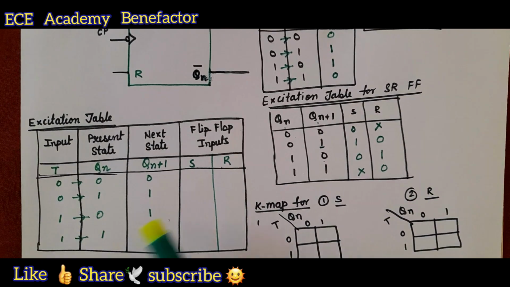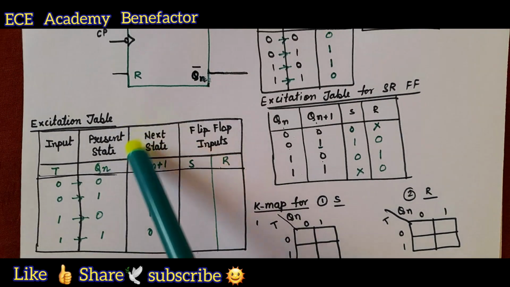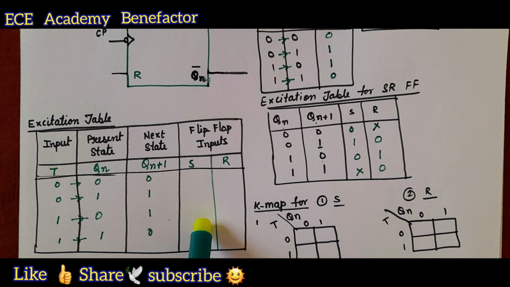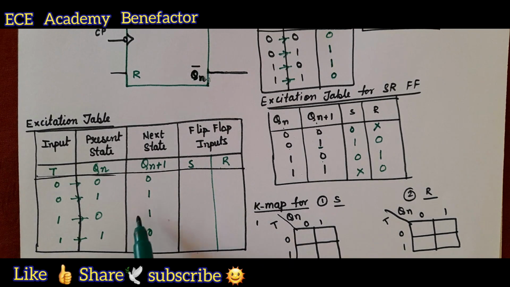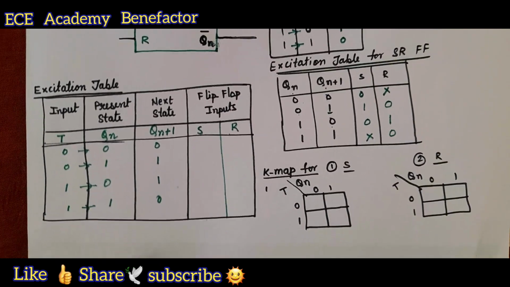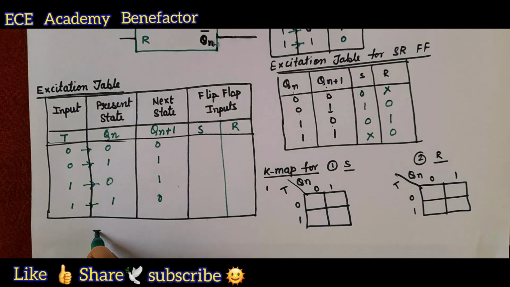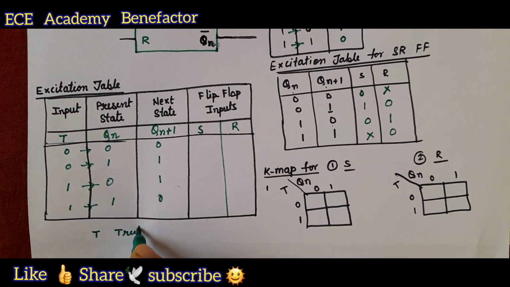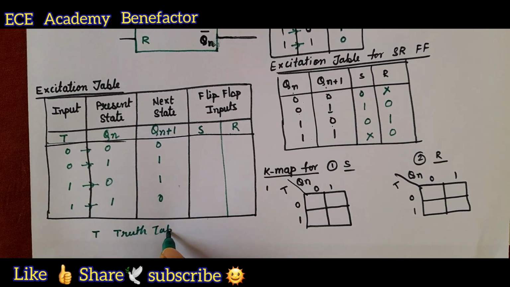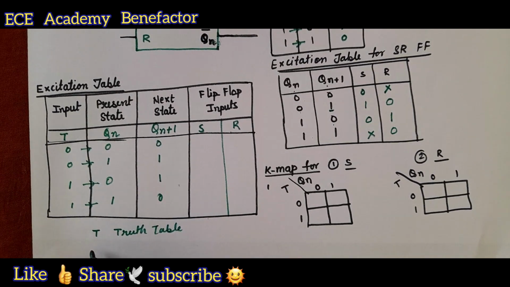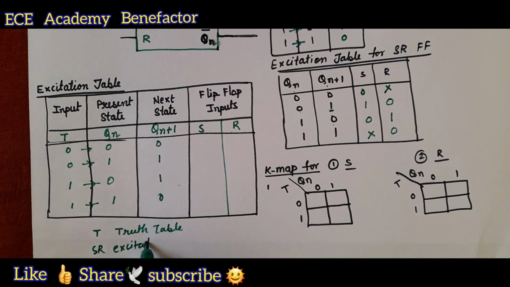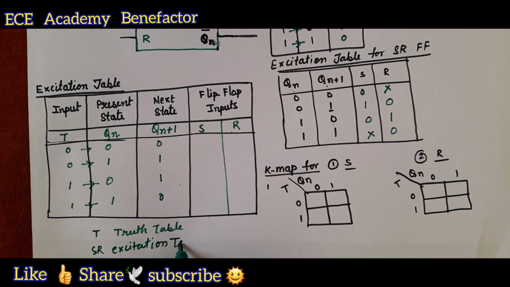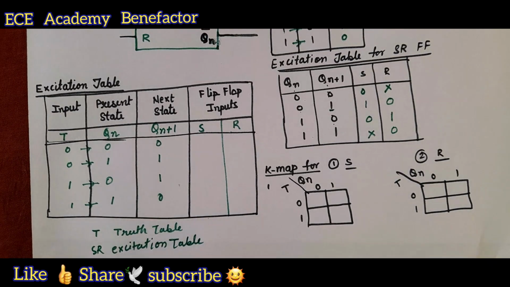So to fill this table, we must know the truth table of T flip-flop as well as the excitation table of SR flip-flop. We need the T truth table and we need the SR excitation table for completing this table.